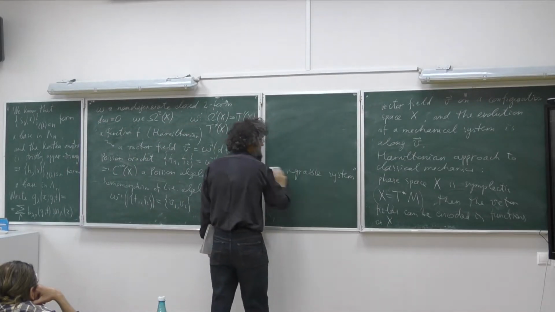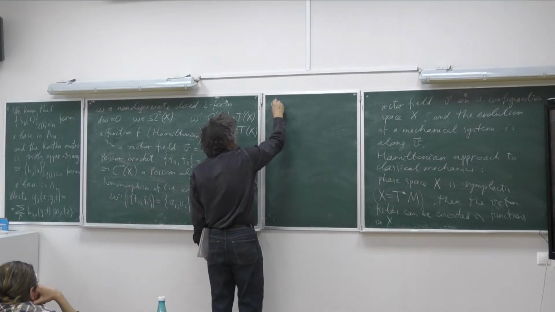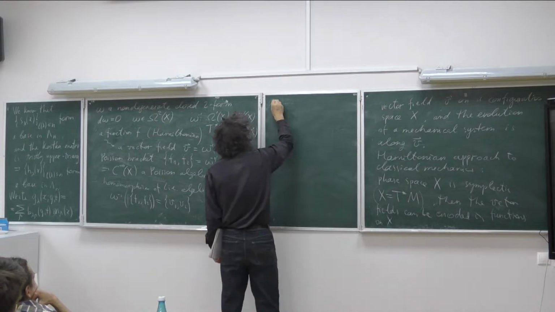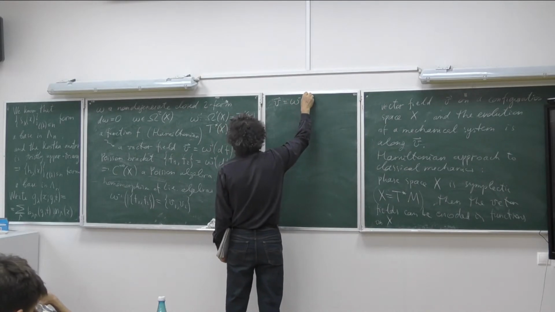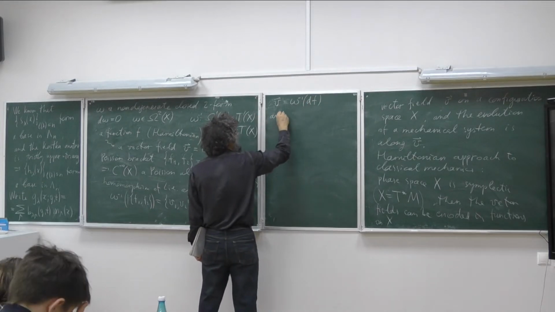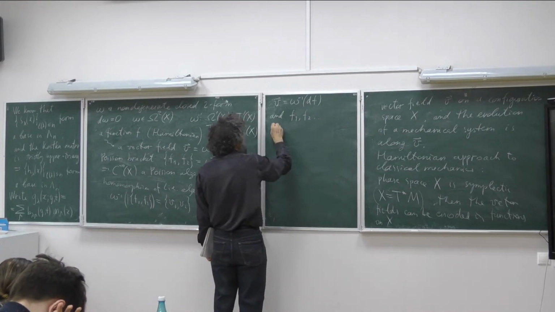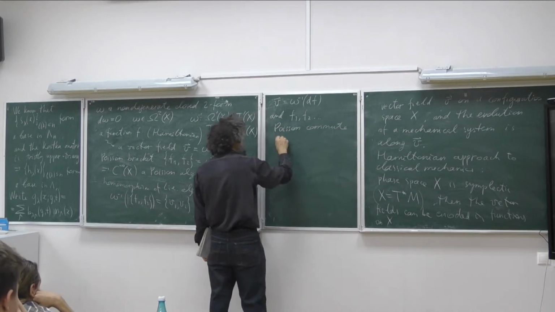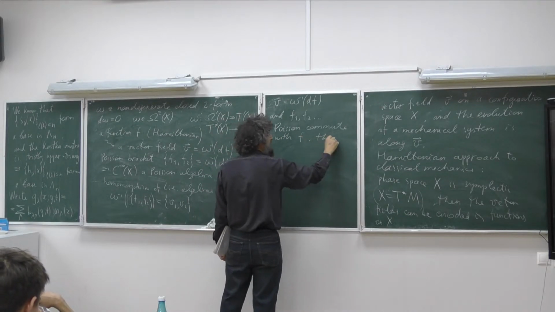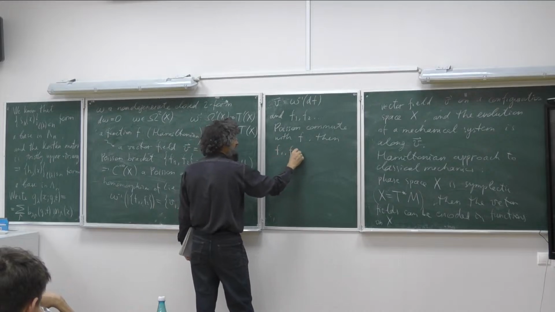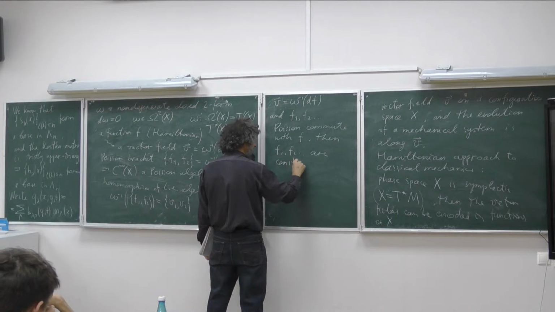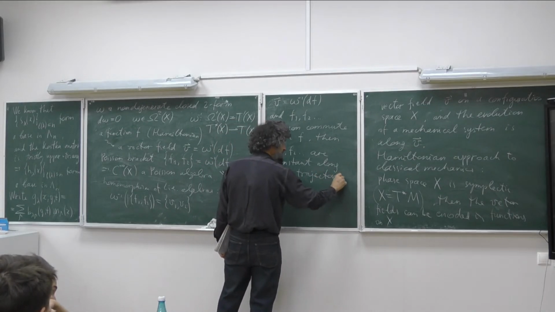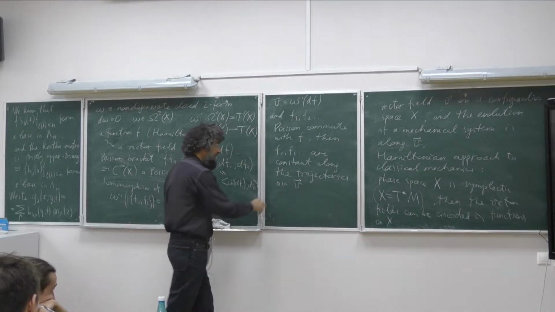So in particular, it implies that if, say, this V we started with, V is omega inverse of df, and f1, f2, and so on Poisson commute with f, then f1, f2, and so on are constant along the trajectories of our vector field. So they are conservation laws.